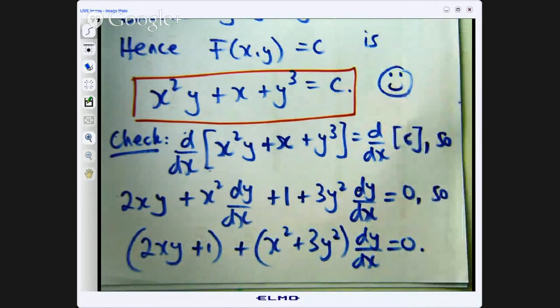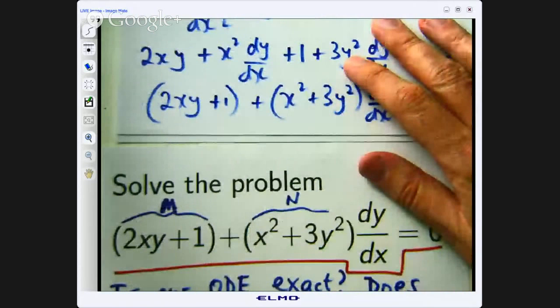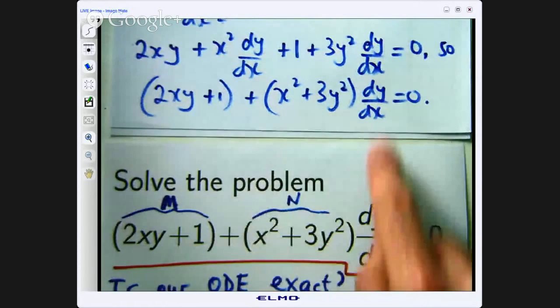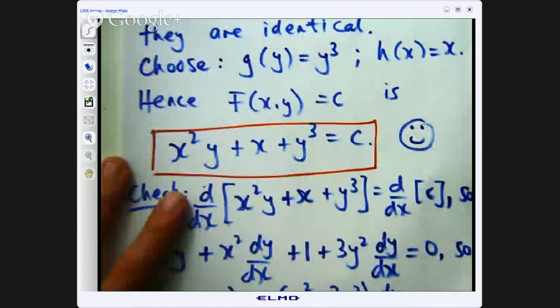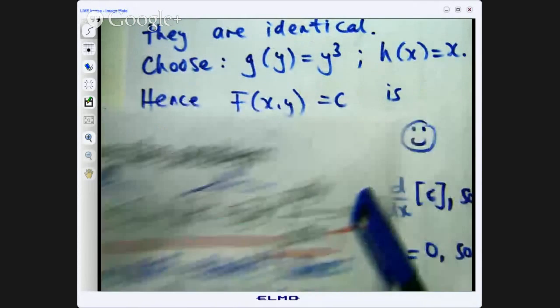What did we start with? Da-da-da-da! Yay! That and that is the same, that and that is the same. So we're very happy. We have just verified that this form really is a solution to our original problem.